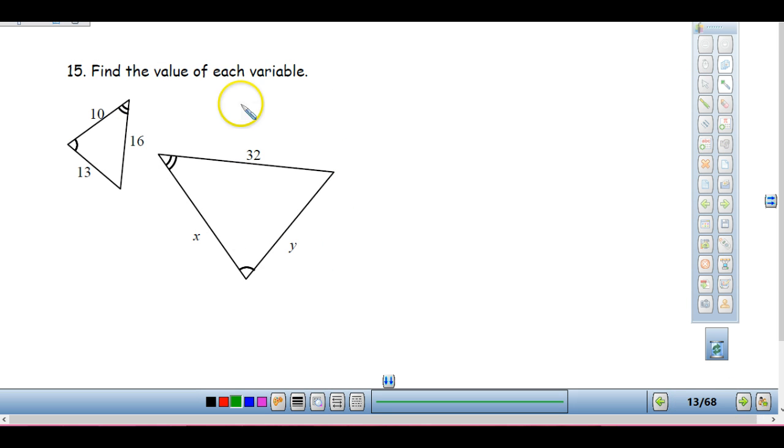Okay, so now we're going to use that scale factor to figure out other sides of another triangle. Remember, this triangle is tilted a little bit, so we've got to find sides that go together. So 16 goes with 32. So 16 over 32, if we put that in lowest terms, we've got 1/2. This is going to be our scale factor.